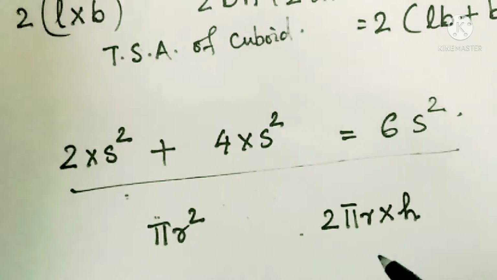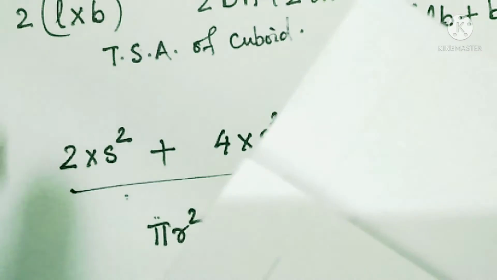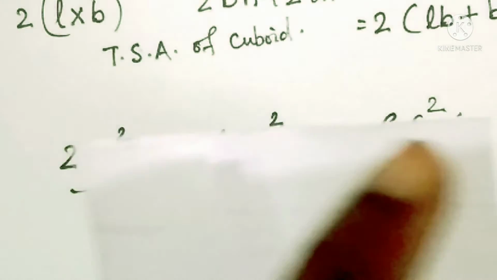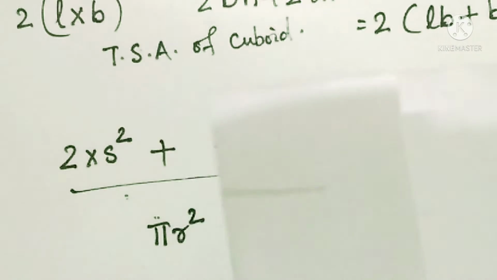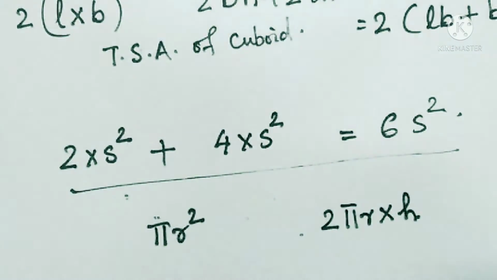So the area of this paper is length into breadth, where length is 2 pi r and breadth is equal to height. So the area of this curved surface is perimeter into height, 2 pi r into h.